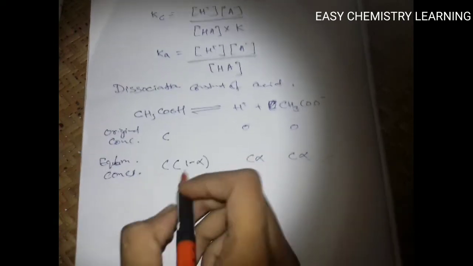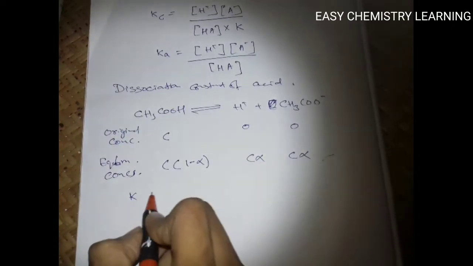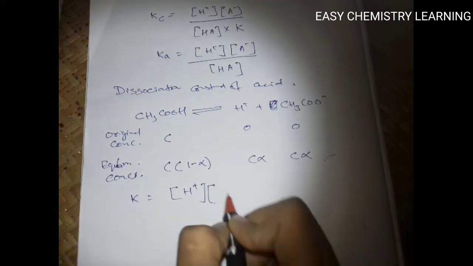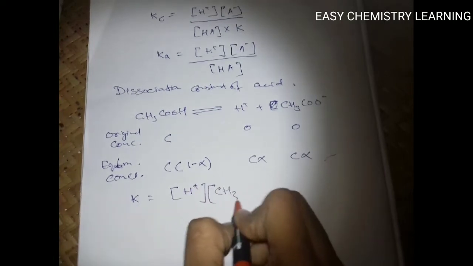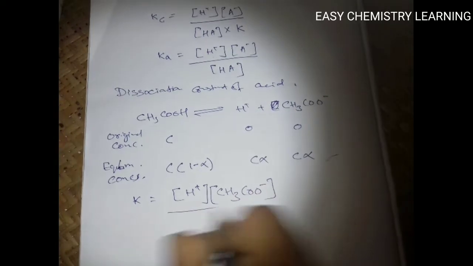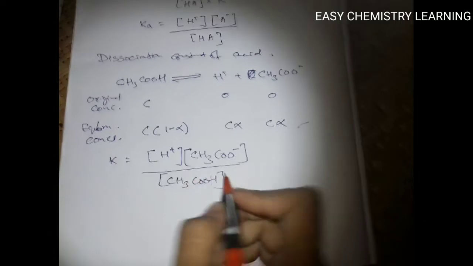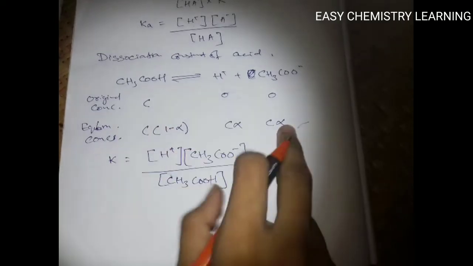Now the dissociation constant K equals [H+][CH3COO-] divided by [CH3COOH]. We can write this in terms of these three.